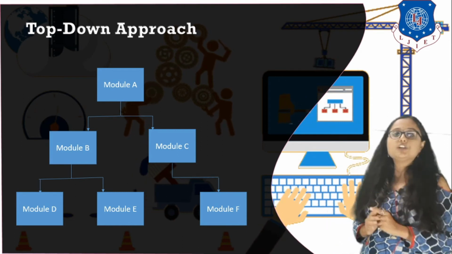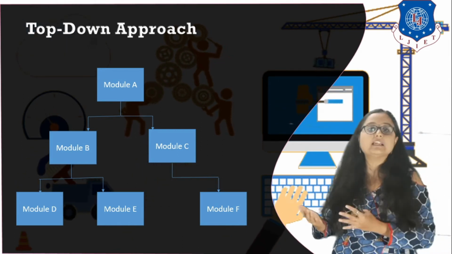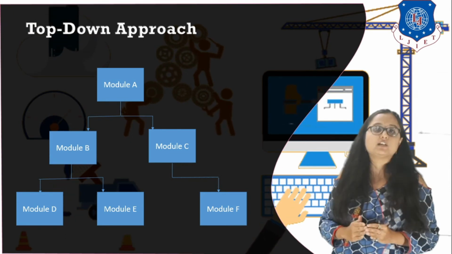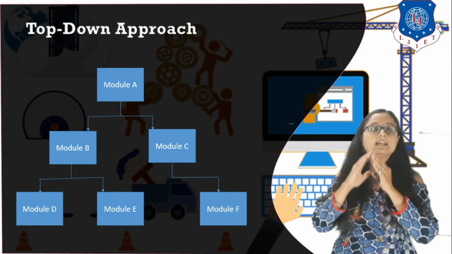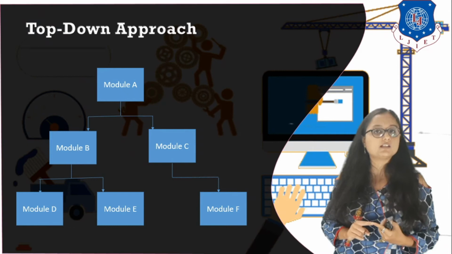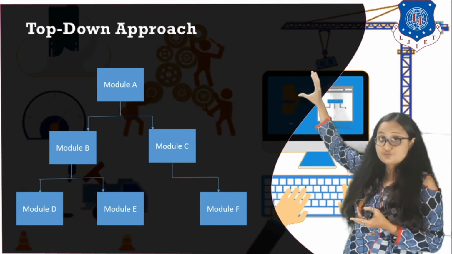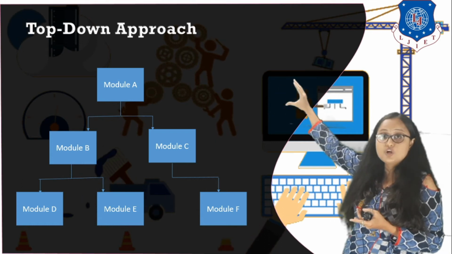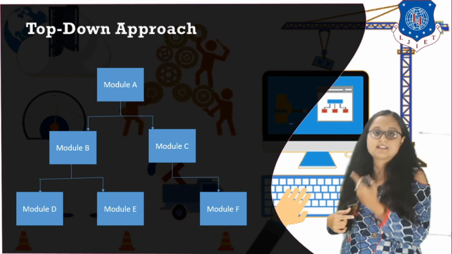Now when you are using the top down approach, or any one of the incremental strategies for testing, you are not coding all the modules at once and then integrating and then testing. Instead, you are using an incremental strategy in which you take a higher level module. If it is the top down approach, you take a higher level module, integrate it with the dependent module and test them.